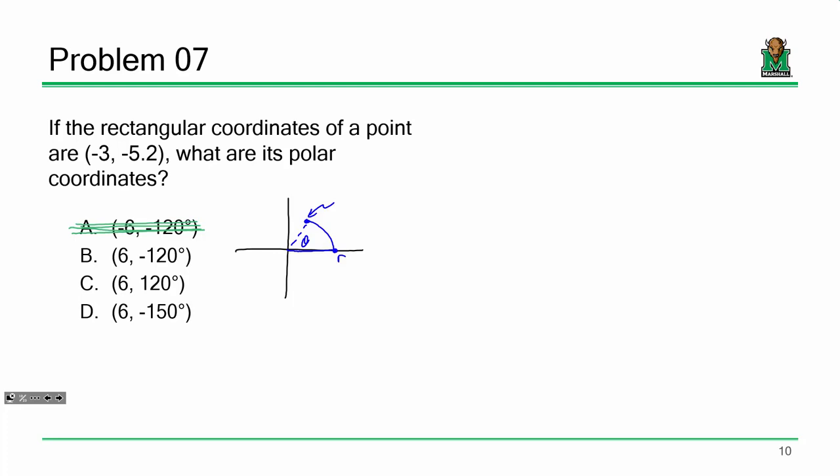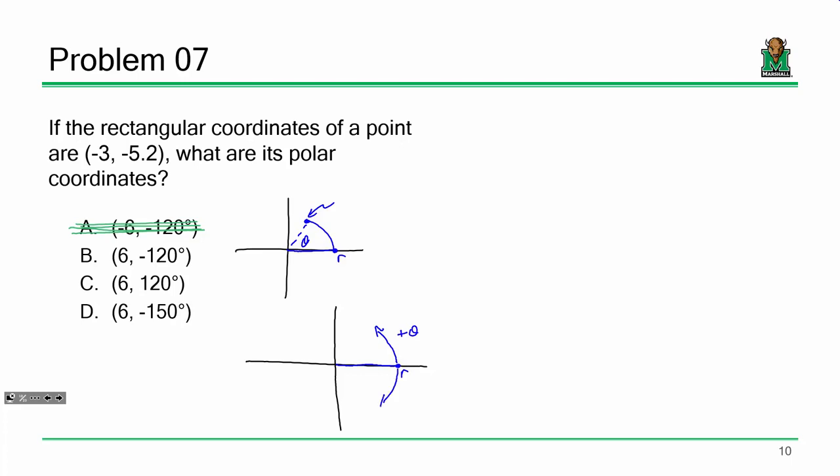Now, here's another interesting point about this problem. Let's go back to our coordinate system in general, right? We go out some distance r and then rotate some angle theta. This direction would be rotating theta in the positive direction.